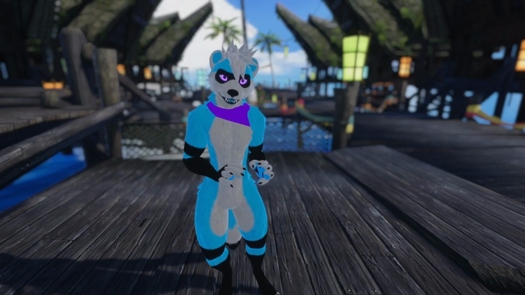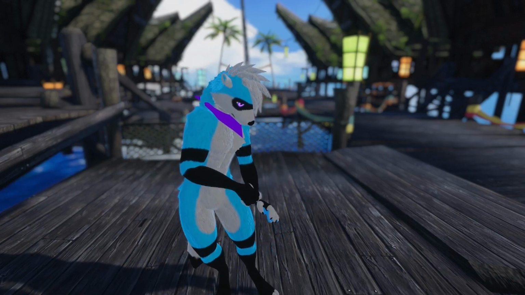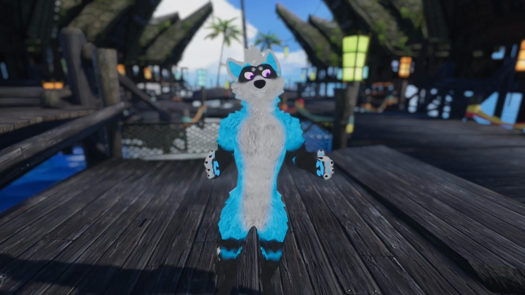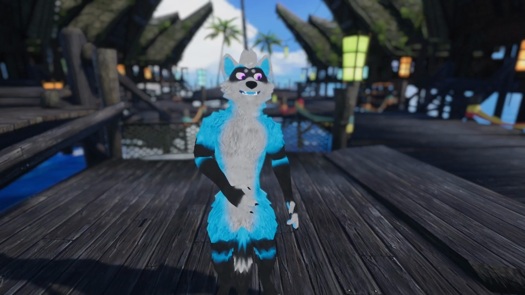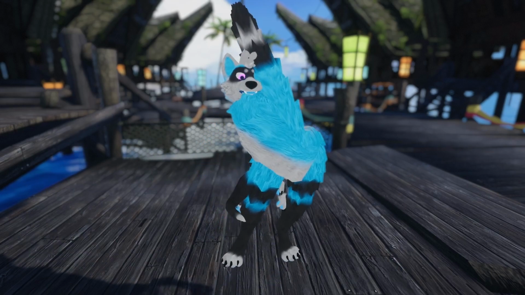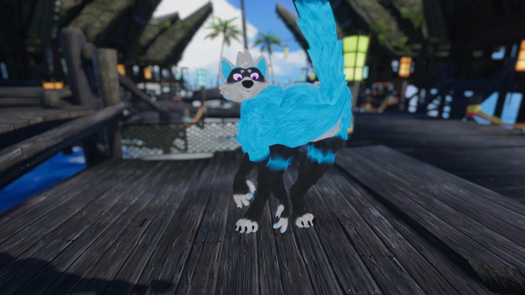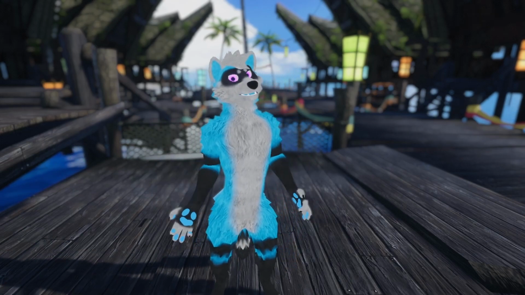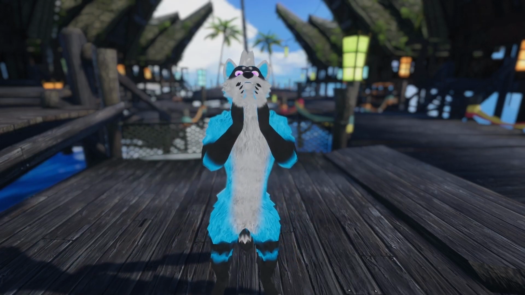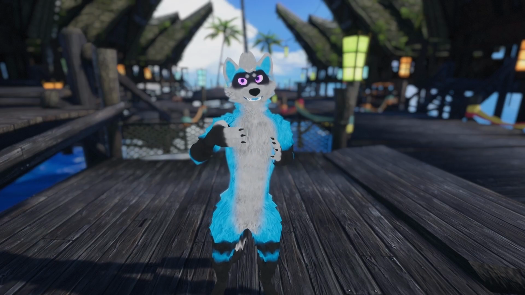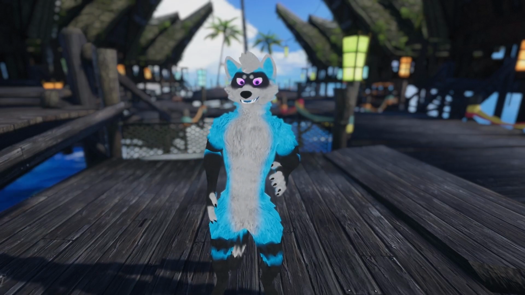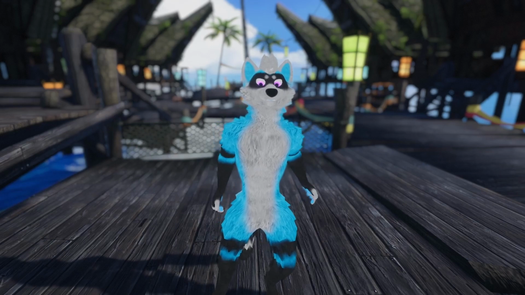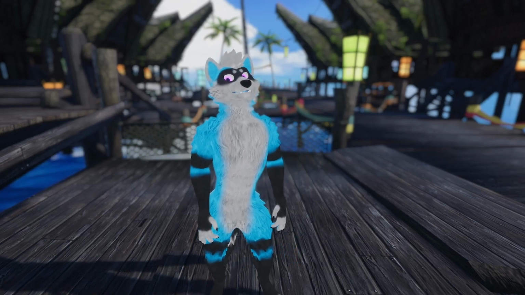Because, quick story, originally, this guy's hip was backwards. It was like this. I don't know how, but for some reason, the hip was flipped. So my tail was coming out of my stomach, and the legs were all messed up.